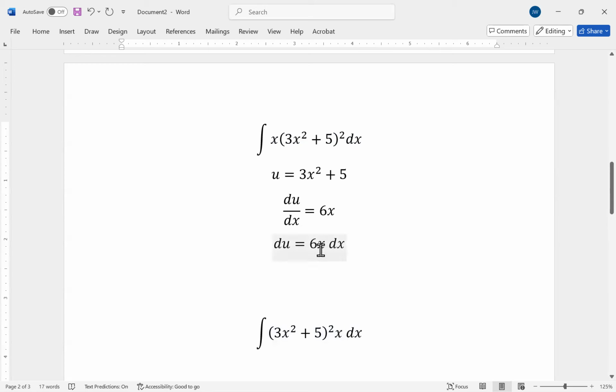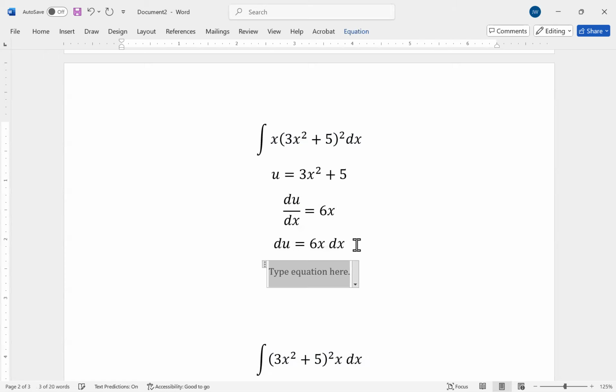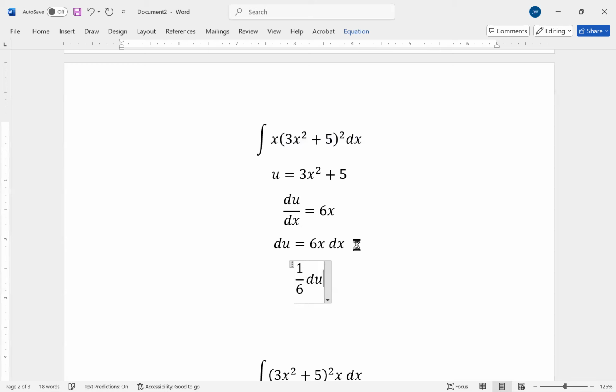In that case, 6x dx is equal to du. I could have also stated that 1/6 times du is equal to x times dx. In other words, I could have divided both sides by 6.